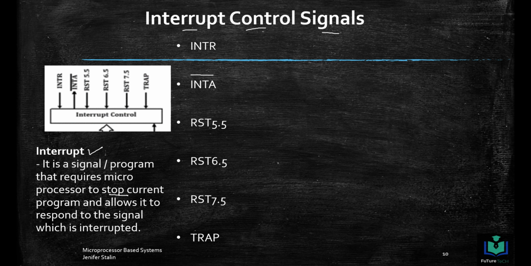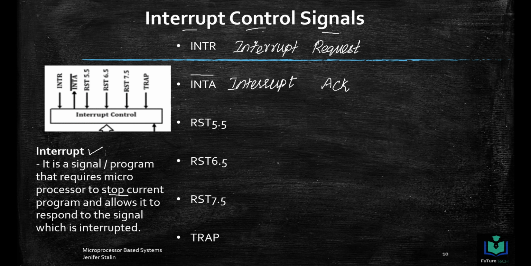For this kind of action we have certain signals. It starts with the interrupt request signal. The next one is the interrupt acknowledgement signal, which is followed by four signals.